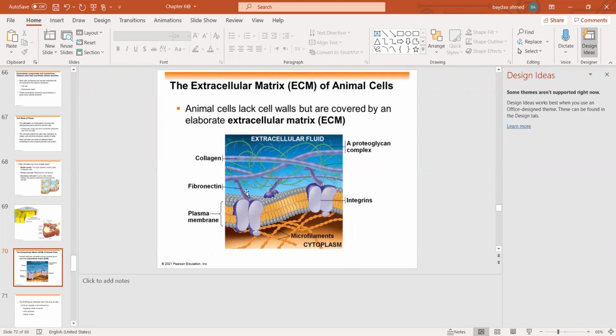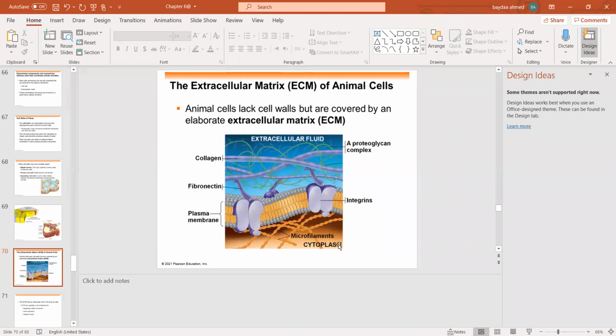Fibronectin and other extracellular matrix proteins bind to cell surface receptor proteins called integrins. Integrins are built into the plasma membrane, the phospholipid bilayer, and they attach to the fibronectins that hold the extracellular matrix.